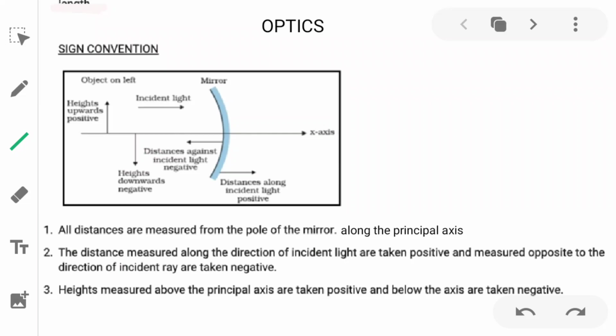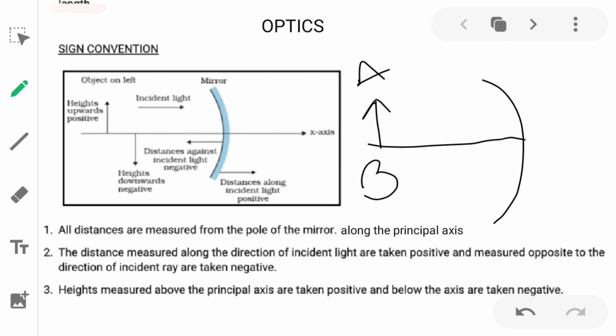Now in this class we study the continuation part of that, the continuation part in the optics, that is sign convention. Now what is sign convention and for what reason it is necessary, we'll see in this class. The sign convention means if we are having a mirror, we draw the principal axis and we have kept an object AB in front of the mirror.